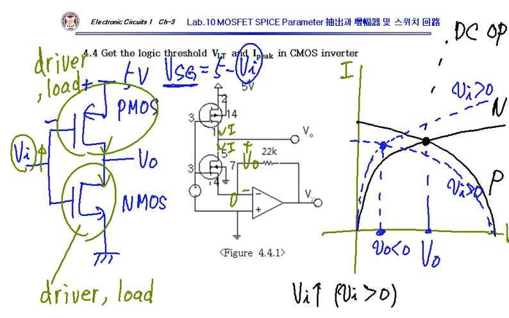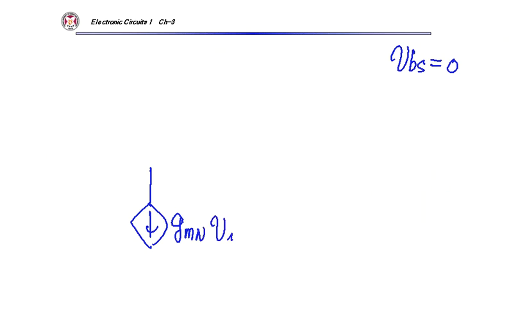As Vi changes, PMOS current and NMOS current both change. So they are both drivers. All right. So yeah, the small signal equivalent circuit looks like that. You know, here VBS is always zero for those NMOS and PMOS. So this is NMOS GMN Vi.